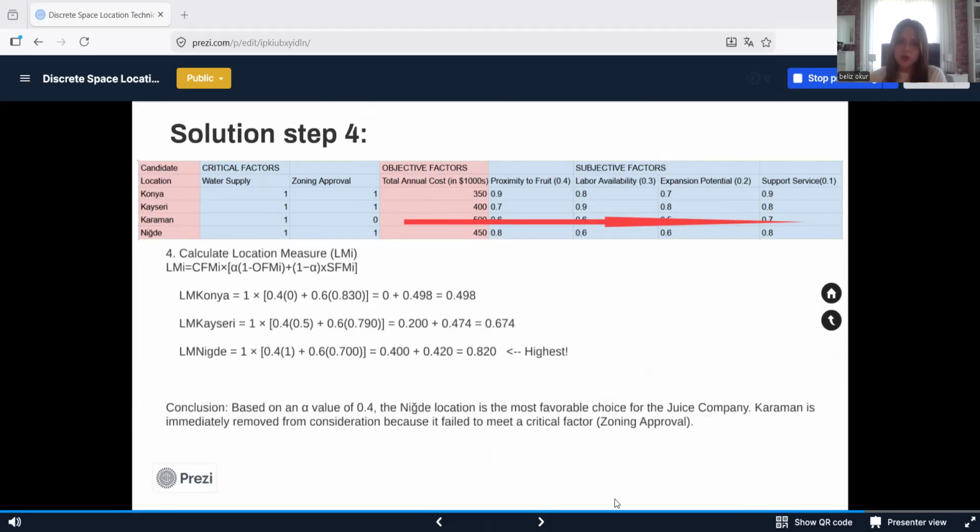Kayseri scores 0.674, and Niğde scores 0.820. So here's our final conclusion. Even though Konya was technically the cheapest option on paper, when we factor in the management alpha weights and the subjective ratings, Niğde actually wins out as the most favorable choice for the company.